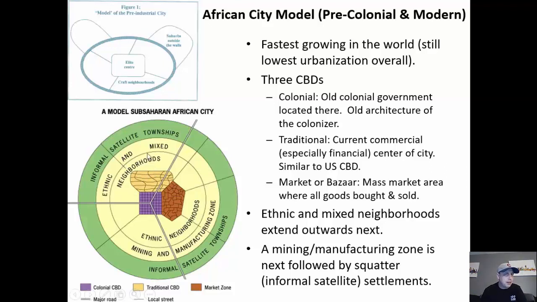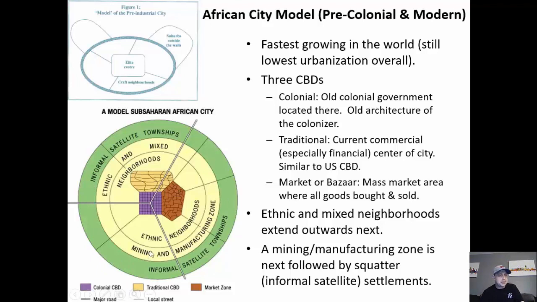Then you'll start to get into a mix of ethnic and mixed neighborhoods, which are about 50-50, where you'll still have ethnic neighborhoods, but now some of them are going to be mixed ethnicity. And then finally, on the other side of that zone, you're going to get mining and manufacturing. Remember, a lot of African countries are still using natural resources in order to develop, so mining and manufacturing tends to be located towards the outer edge of the city.